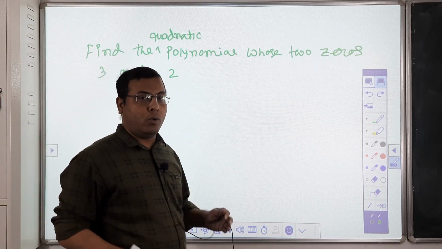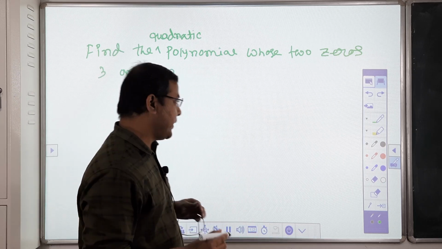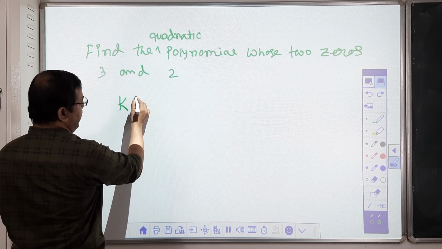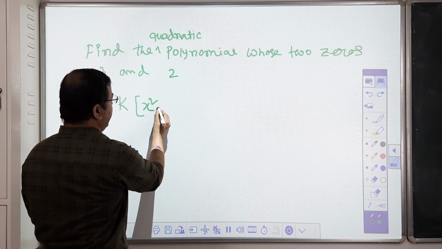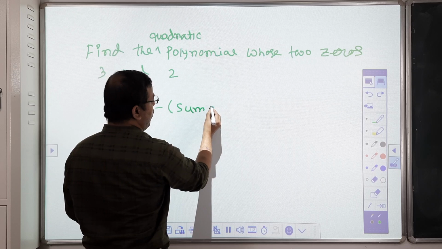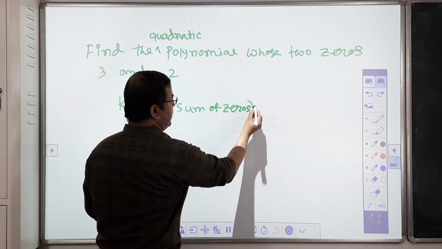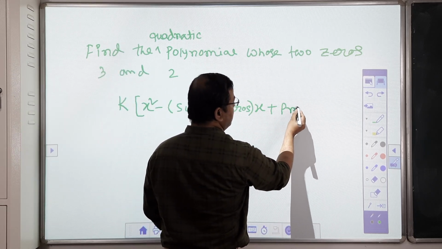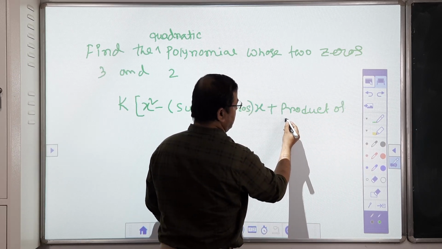So, we know that the general form of any quadratic polynomial is k into x square minus sum of zeros into x plus product of zeros.